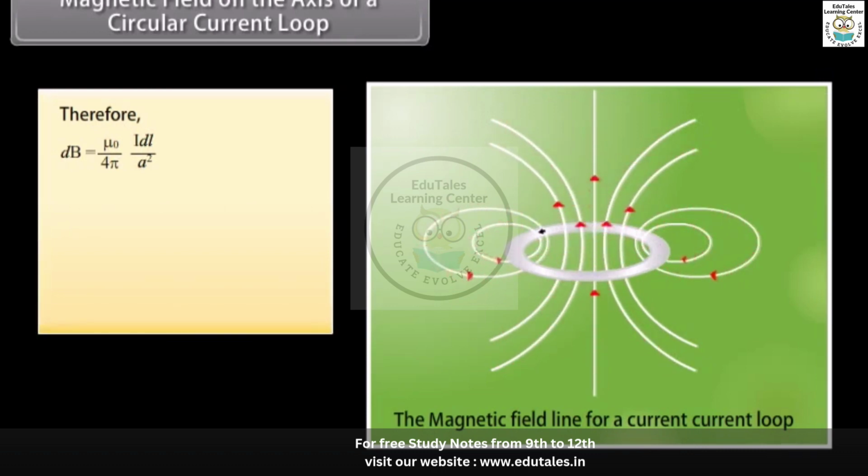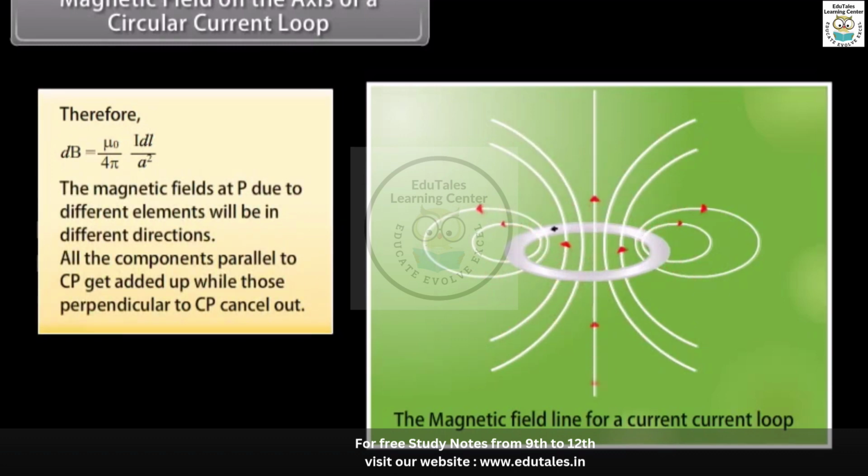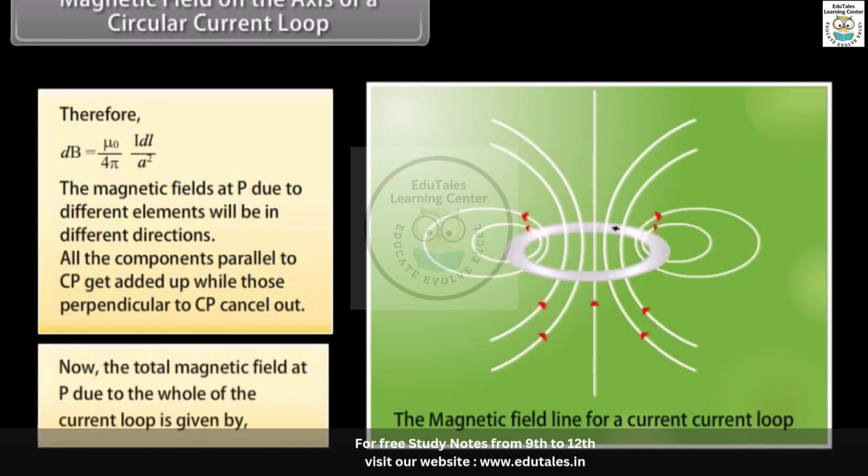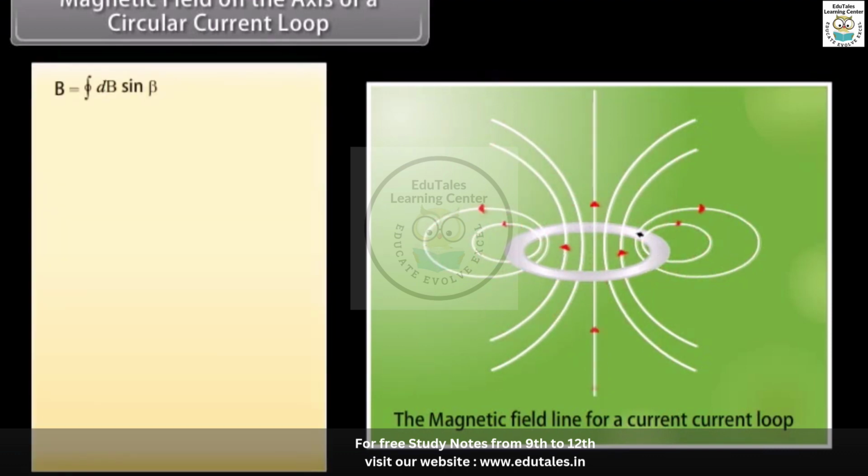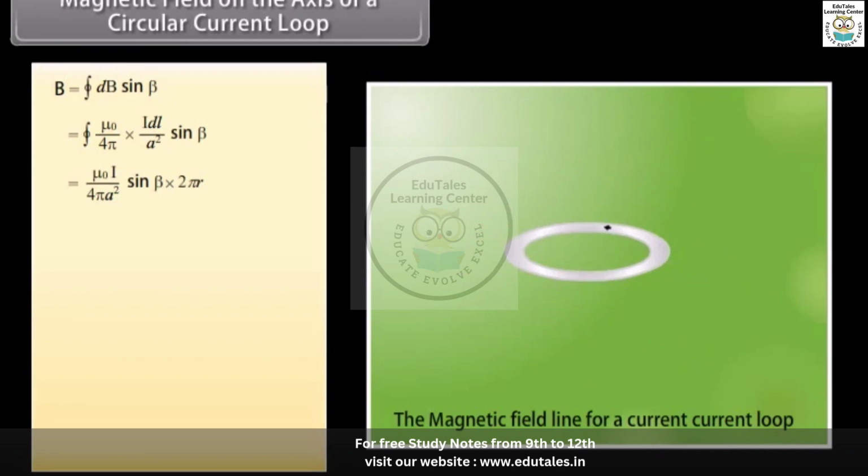The magnetic fields at P due to different elements will be in different directions. All the components parallel to CP get added up, while those perpendicular to CP cancel out. Now the total magnetic field at P due to the whole of the current loop is given by closed integral of dB sine beta. By putting the values in this equation, we get total magnetic field at P equal to mu naught I upon 4 pi a square multiplied by sine beta and 2 pi r.